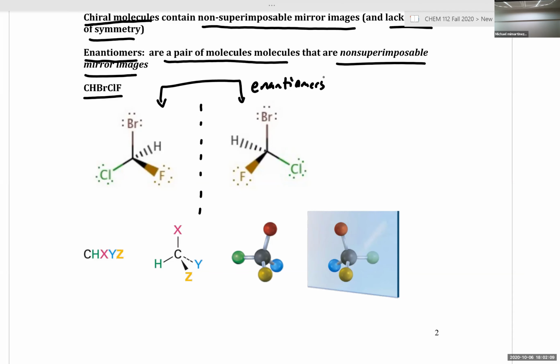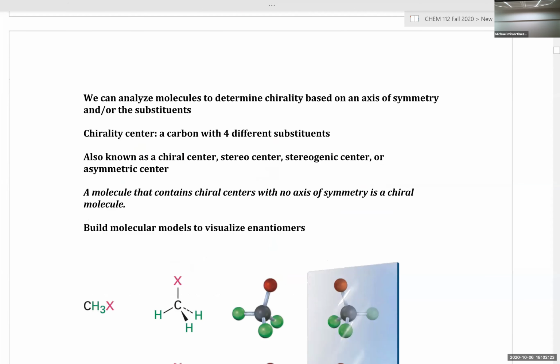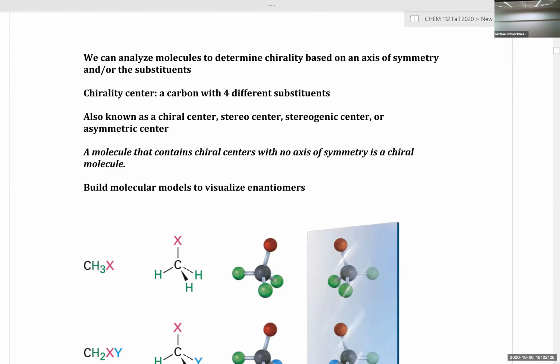So let's try to determine the criteria for what makes a molecule chiral and what makes a carbon center a chiral center. A lot of what we're going to be doing in this chapter focuses on analyzing molecules to determine the chirality based on an axis of symmetry and the position and type of our substituents.